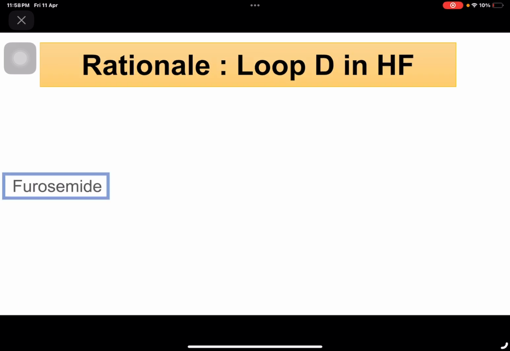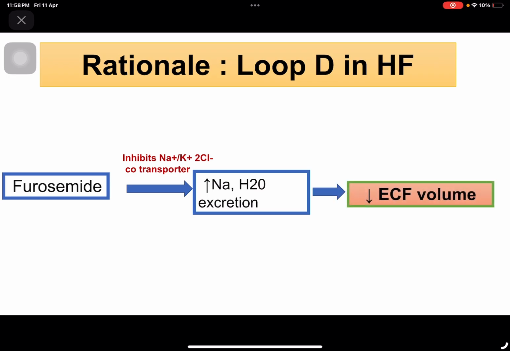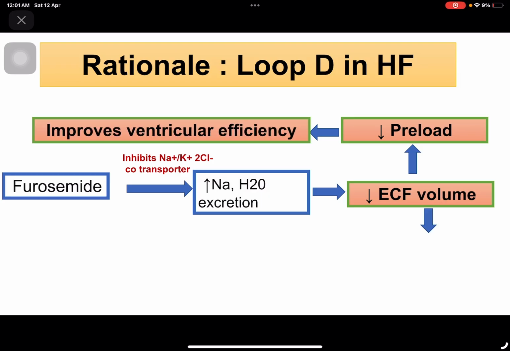Then the rationale of loop diuretics: furosemide, a loop diuretic, helps in the excretion of sodium and water, which reduces the extracellular fluid volume and results in decreased preload and improved ventricular efficiency.